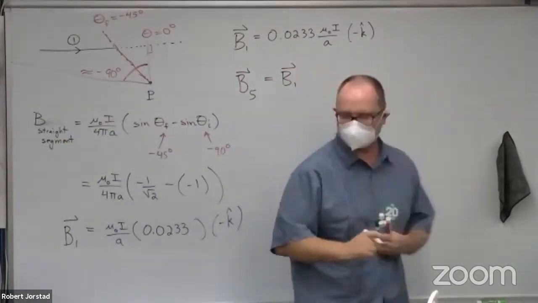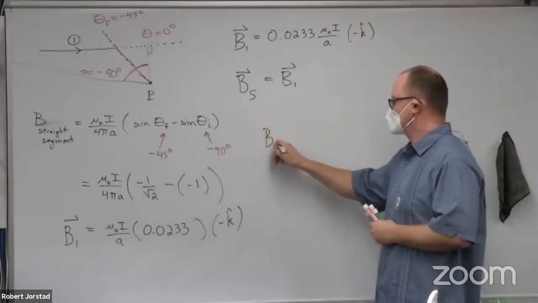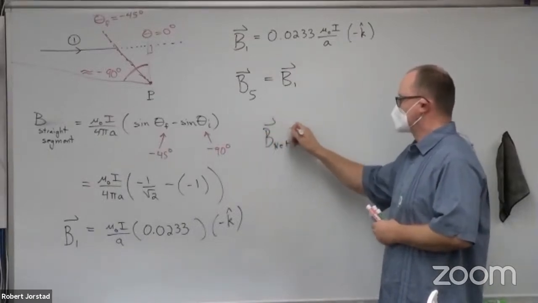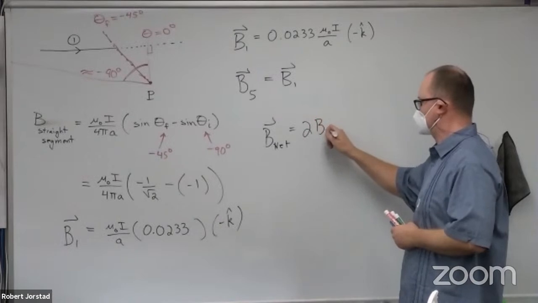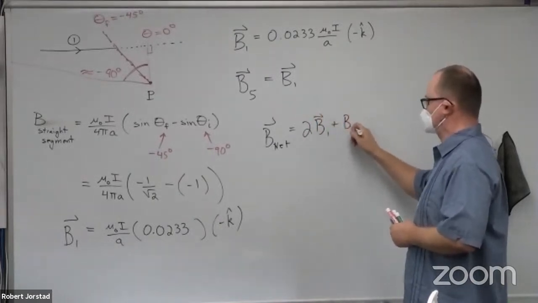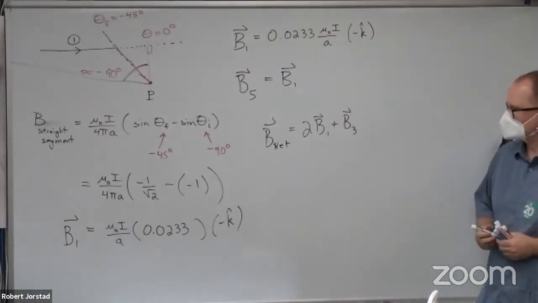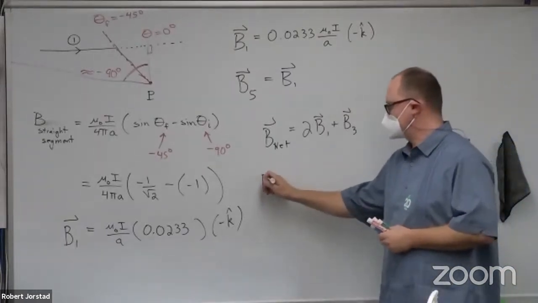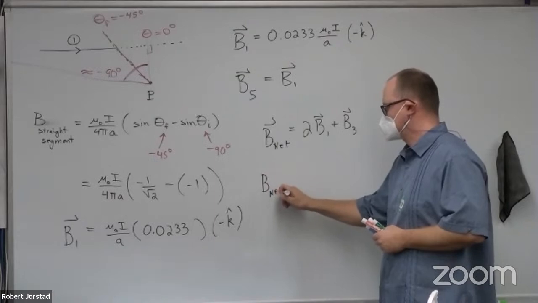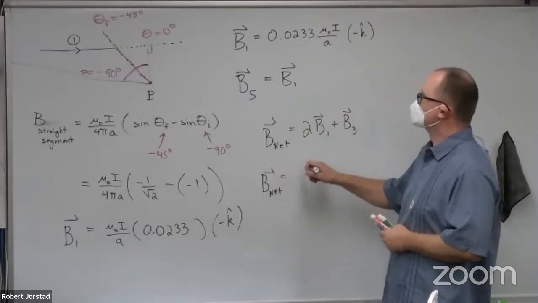So how do we get the net field? Couldn't I just say 2B1 plus B3? So this is 2 times that.